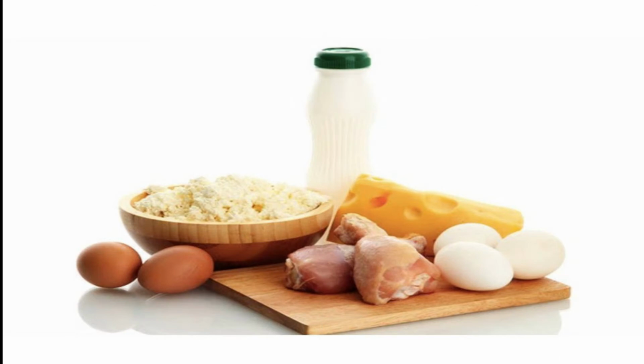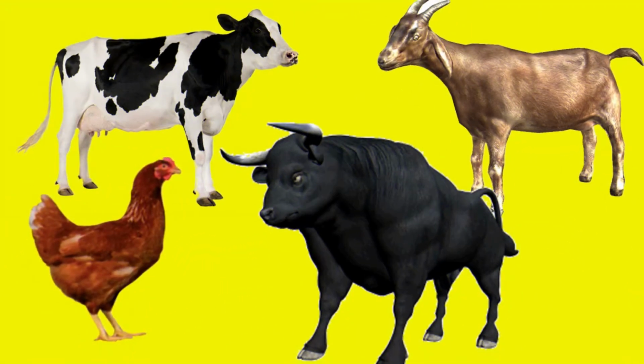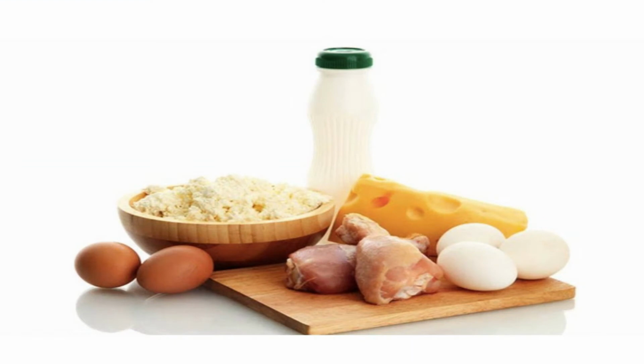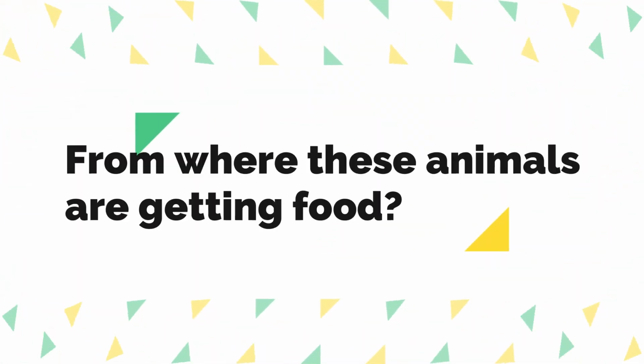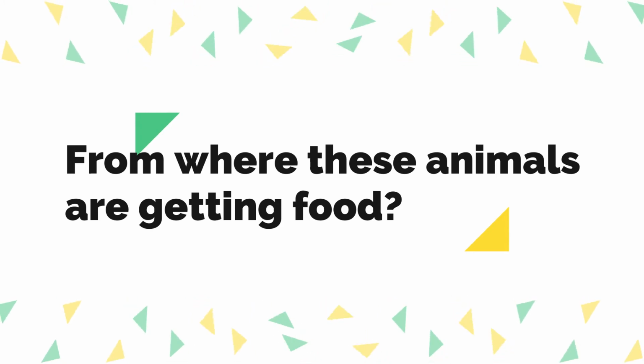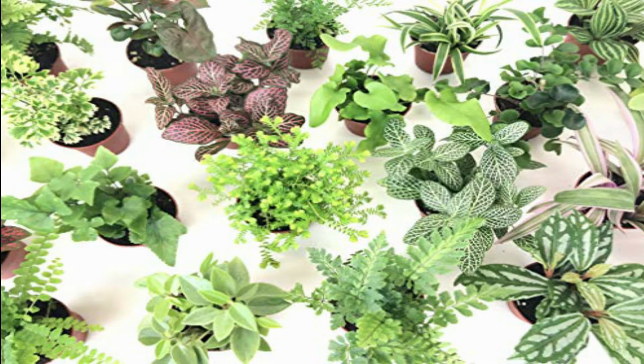Okay, now tell me from where we are getting milk, dairy products, eggs, chicken and meat? From animals like cow, buffalo, goat, hen, etc. We get milk, eggs, chicken, meat, etc. From where are these animals getting food? From the plants.